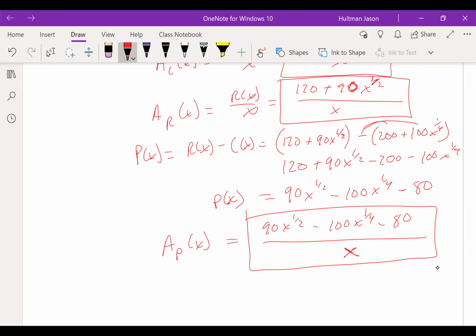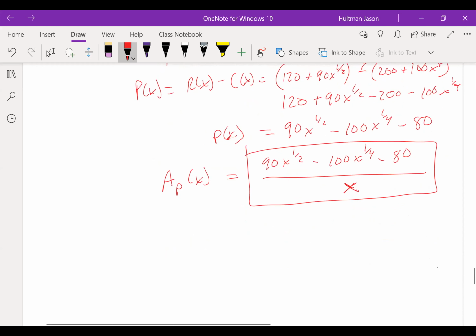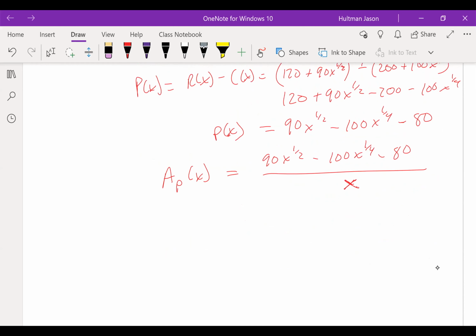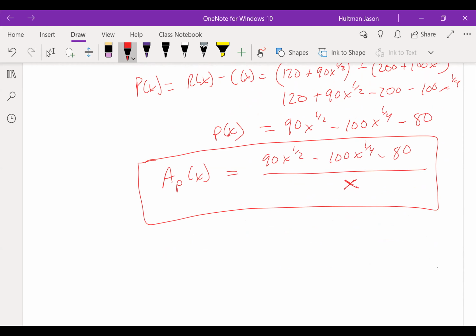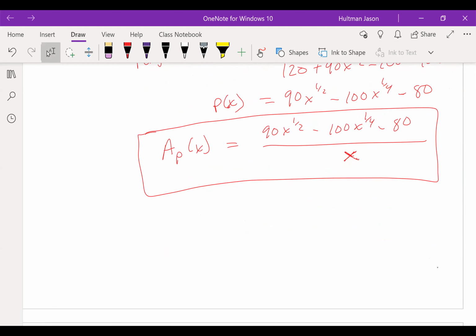Now let's use this bottom one here to do some calculus. I want to know the instantaneous rate of change of the profit when 300 geraniums are sold. How fast is the profit changing is really what we're asking.